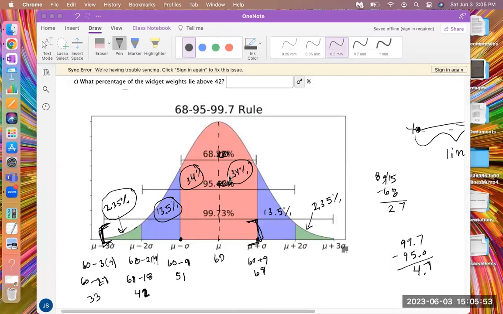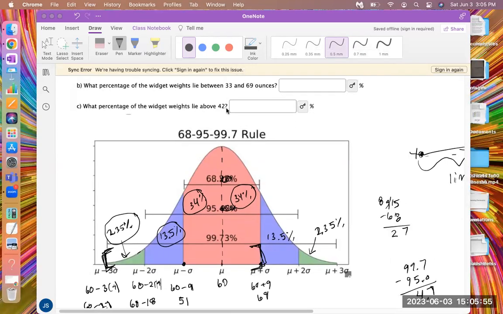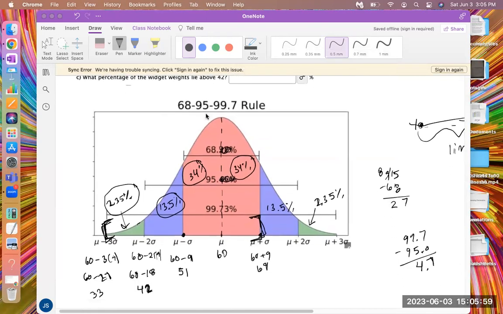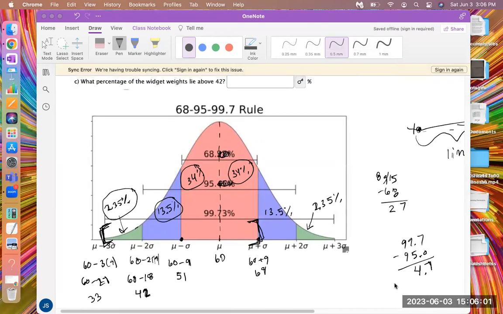And then they ask, what percentage of widgets lie above 42? Now, do be careful with this problem because some students kind of forget, and you can't even see it on the picture, so that makes it harder. But there is actually data outside of 3 standard deviations.